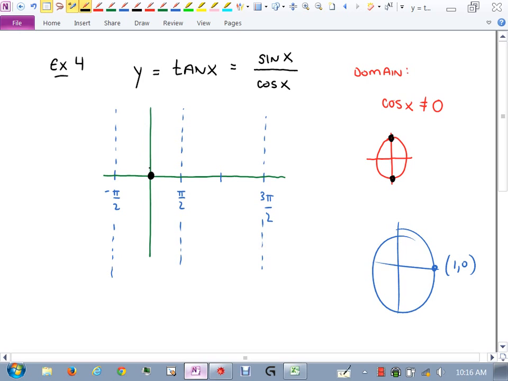Let's see if we can follow this logic now, again. What if I try and make my angle get closer to pi over 2? What's going to happen? So notice my angle here is getting closer to pi over 2, so is it positive or negative? Positive, right? Tangent is positive in the first quadrant, isn't it?